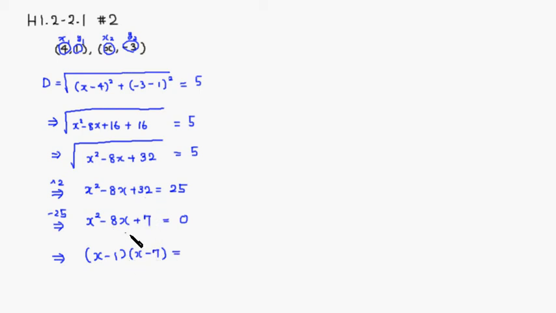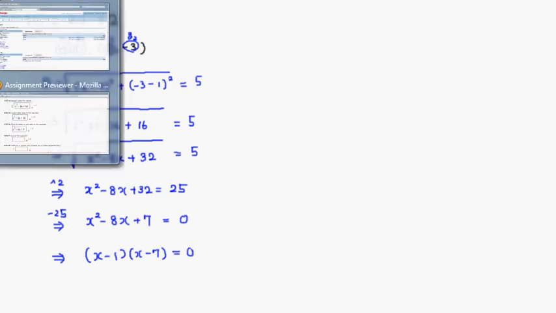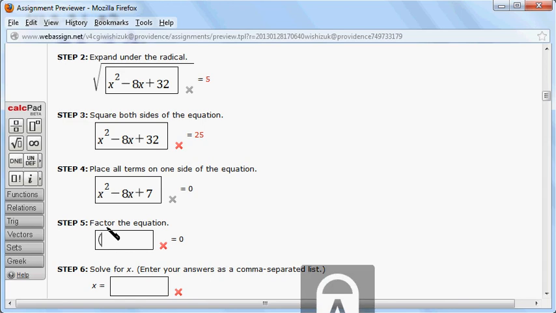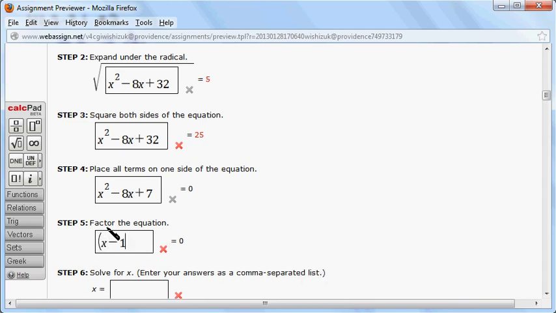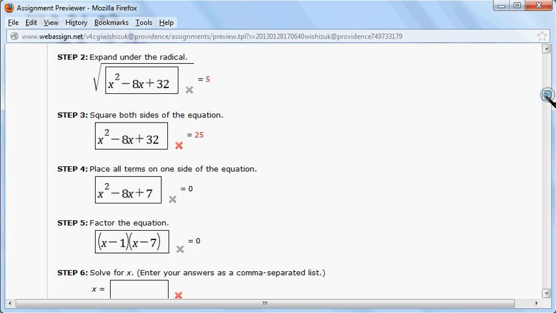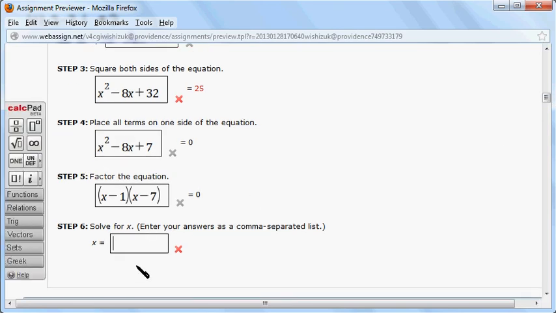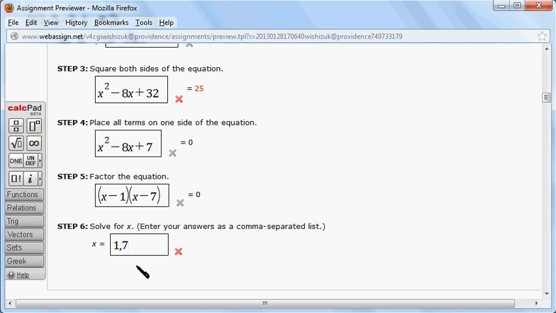And add these up, negative 8. So it works out. All right. So you have the quantity x minus 1 times x minus 7. All right. So we got that. Then the answer is clear, it's going to be 1 and 7.